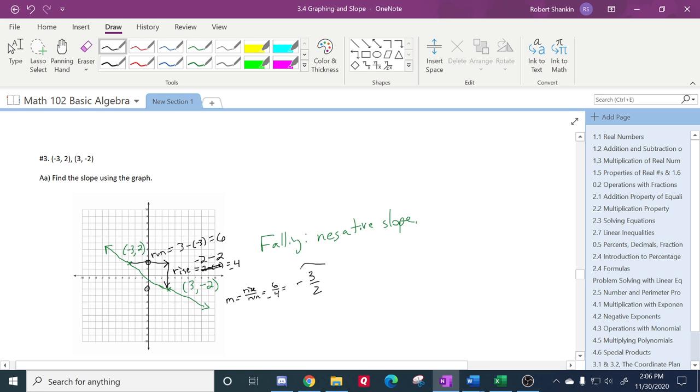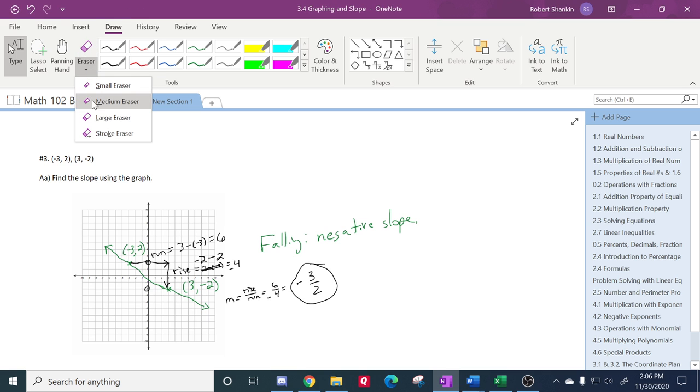So that's my slope. Isn't it supposed to be switched? The rise is -4 and the run is 6? The rise. Oh, you are right. I made another screw up.